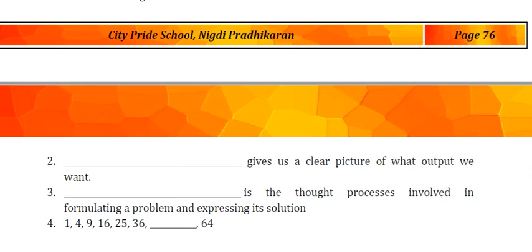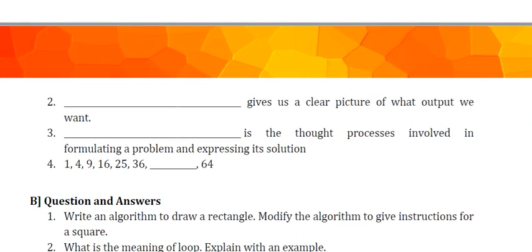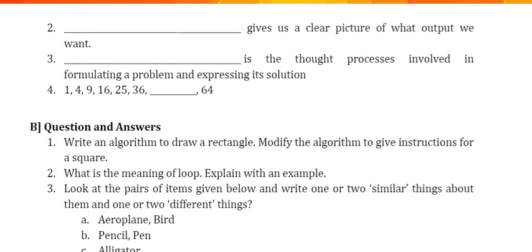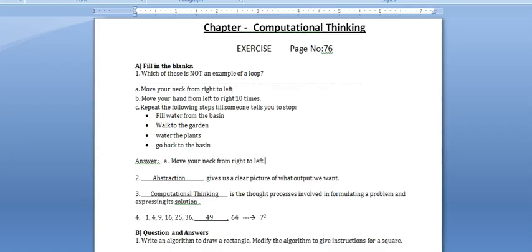That is, dash gives us a clear picture of what output we want. I'll repeat. Dash gives us a clear picture of what output we want. The answer is abstraction. Abstraction gives us a clear picture of what output we want.